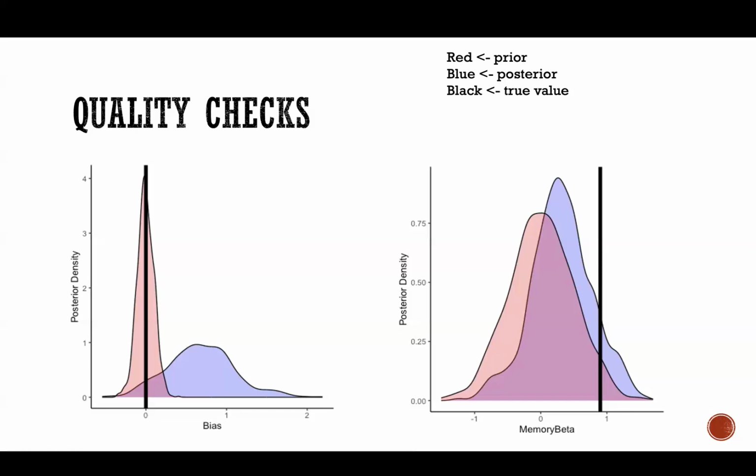For the bias, it's even worse. The model is trying to move away from the prior, but the prior is clearly keeping it constrained. It's very certain. And even worse, the posterior is moving away from the truth.